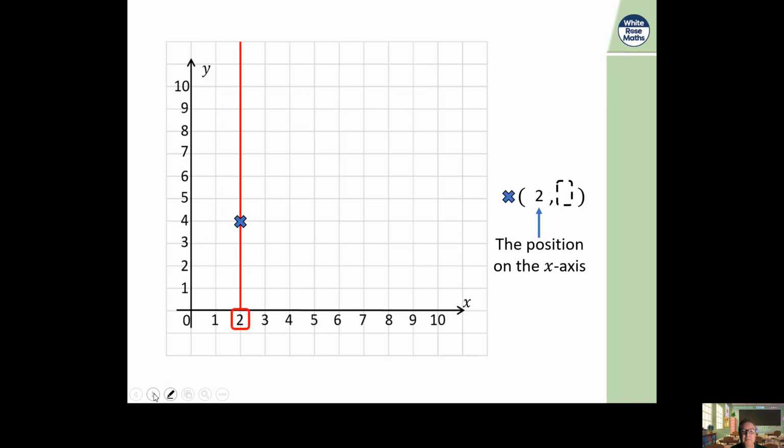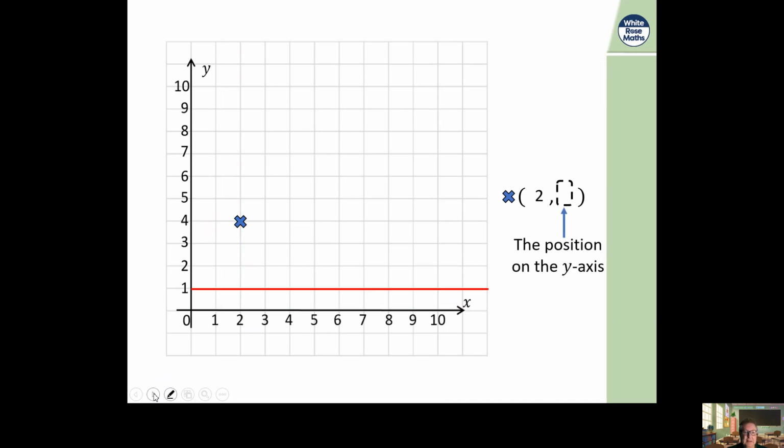So it's 2. Followed by the position on the y-axis. What would that position be? 4. So we're describing the position of that point as 2, 4.